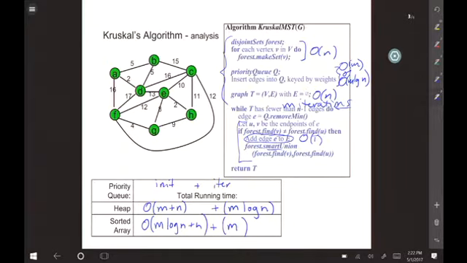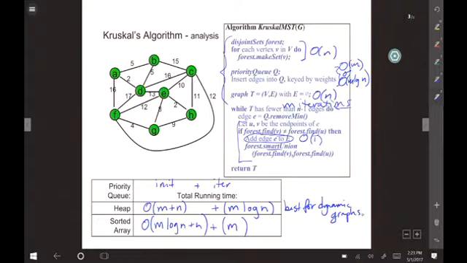Or for graphs that are growing, like if new edges are coming into the graph. So the heap is really your only efficient option if your graph is dynamic. Yeah, go heap. That's right. Go heap. Best for dynamic graphs.